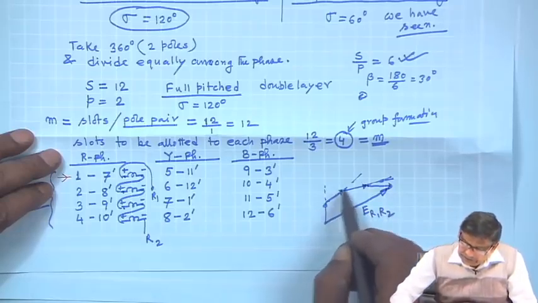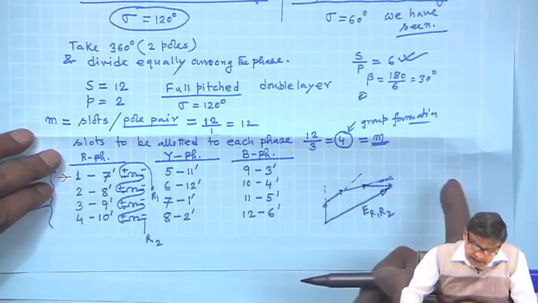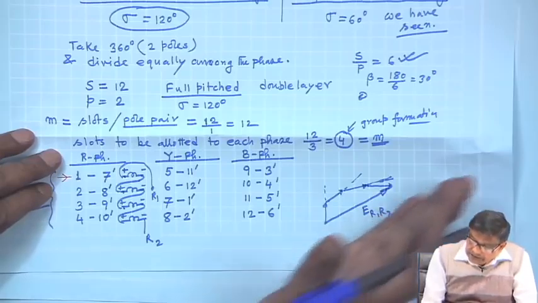This information's values I am not writing, it is understood, E 17 dashed, E 28 dashed and so on. So, this will be the R phase voltage.